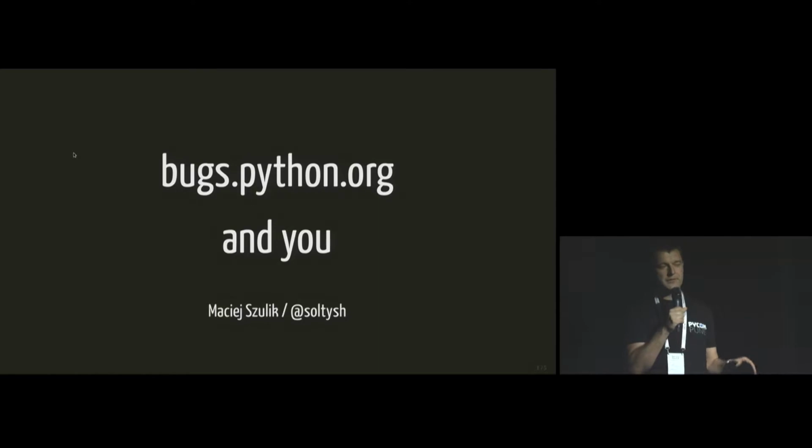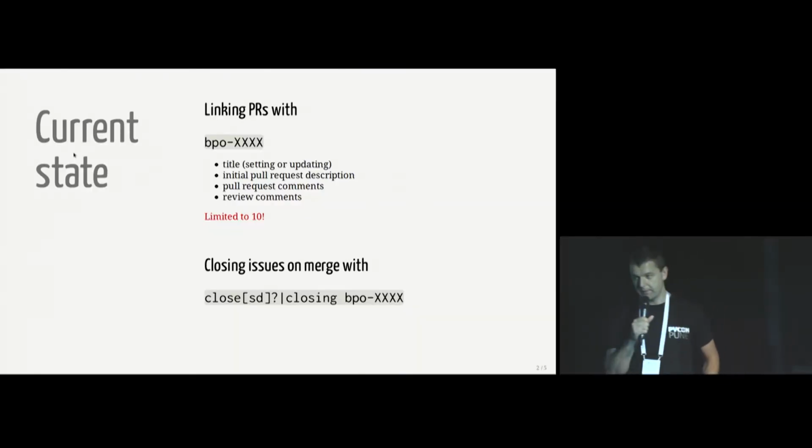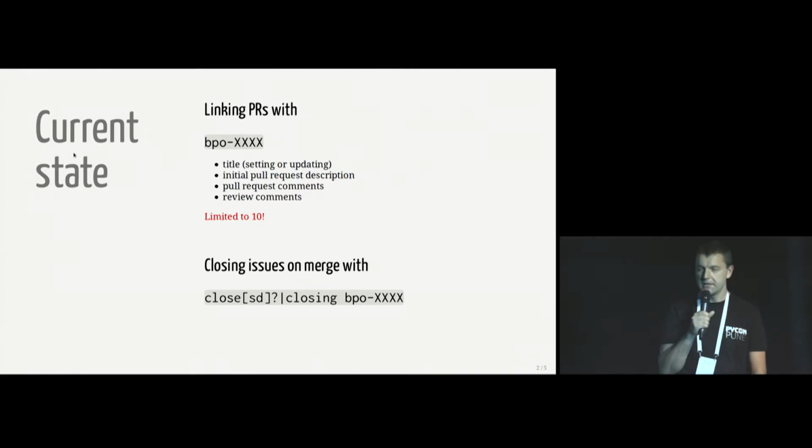They are core developers working on CPython itself. And there are just a few people that are actually maintaining bugs.python.org itself. I'll present the address of the bug tracker that we have for bugs.python.org at the end, but generally we'll talk about it a little bit more in a moment.